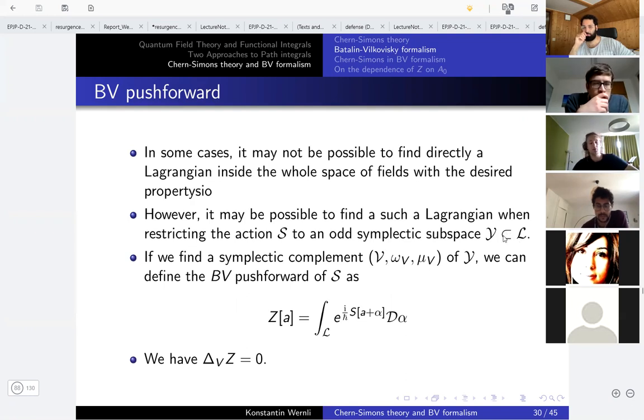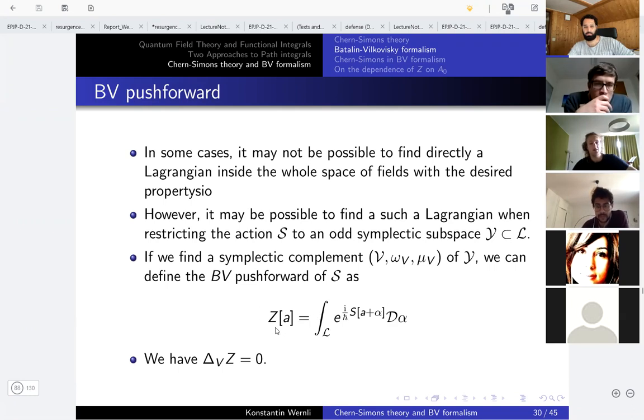This inclusion is the wrong way; the Lagrangian should be in here. And in that case, the BV pushforward, and this should read mu, I'm sorry, just means I'm integrating over alpha.